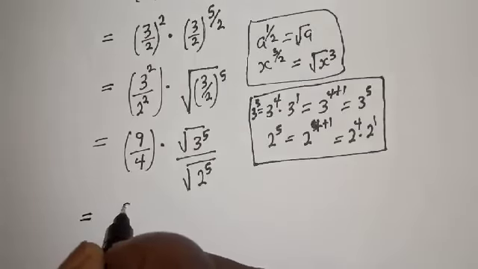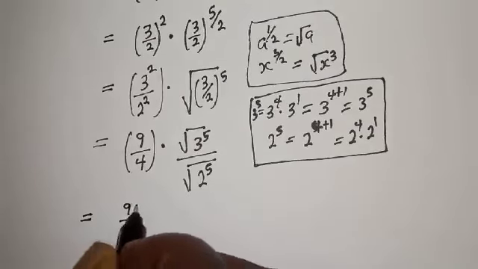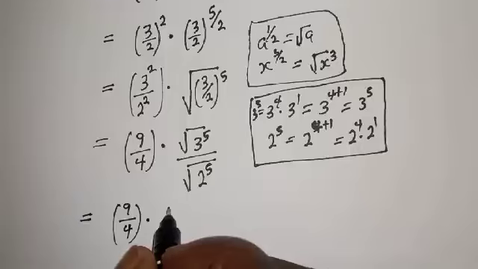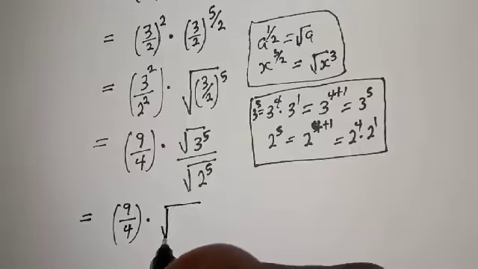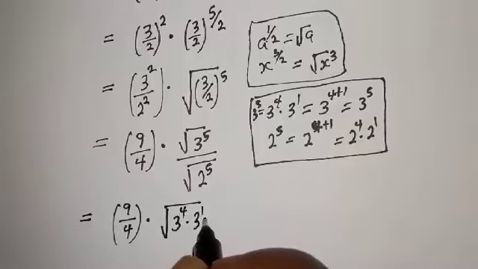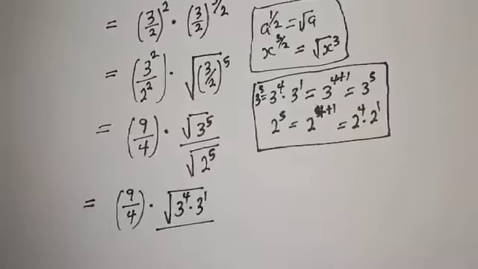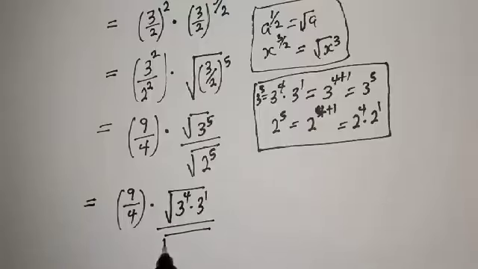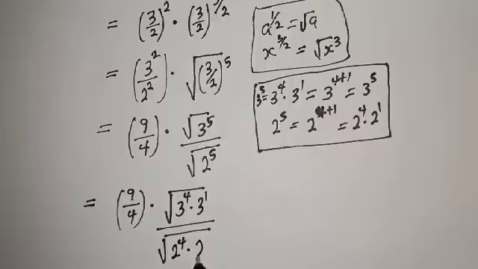Equal to 9 over 4 multiplied by the square root of 3 raised to power 4 multiplied by 3 raised to power 1, over the square root of 2 raised to power 4 multiplied by 2 raised to power 1.